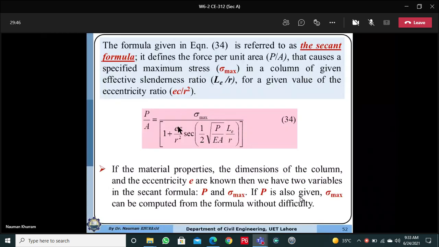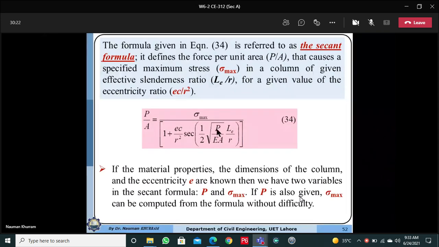But if I want to determine the load value at which the maximum stress in the column will be equal to yield stress, or at which the stress in the column will be equal to 200 megapascal, so sigma maximum equal to 200 megapascal, then with the given eccentricity, what is the load value? We have the load on both sides, so it means that we need to determine this value by trial and error.